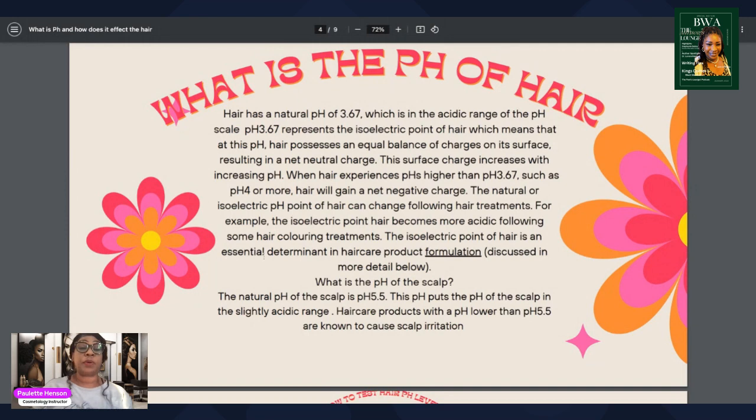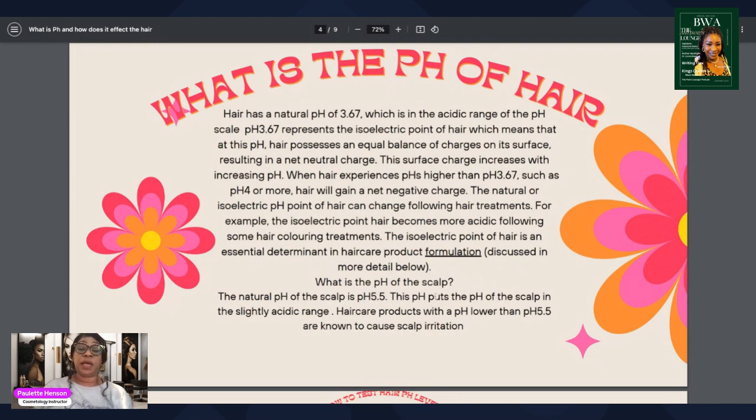For example, the isoelectric point of hair becomes more acidic following some hair coloring treatments. The isoelectric point of hair is an essential determinant in hair care product formulation, discussed in more detail below.